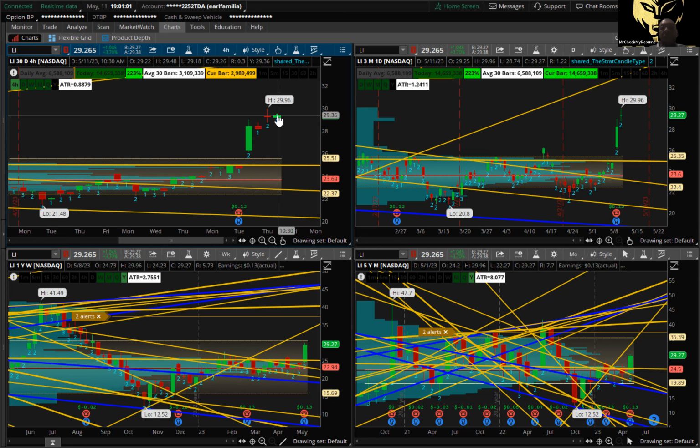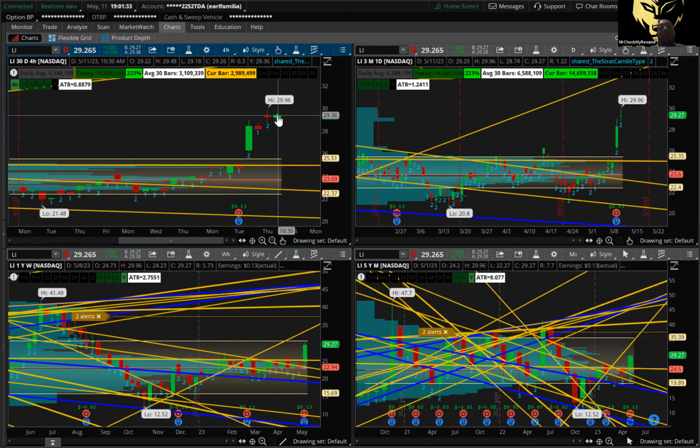I think for me, I'm kind of in between right now. I missed the entry that I would have wanted to take on it. So I don't know if right here is where I want to get in. That's the only rational thought that I present to myself: do I want to get in right here? Because I assess it now, and it's like, I missed the move already. So that's kind of what I'm thinking on that one.